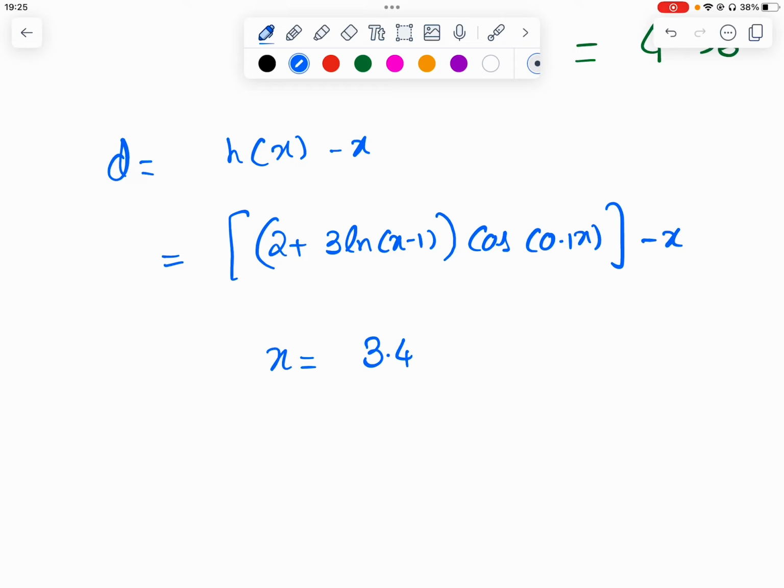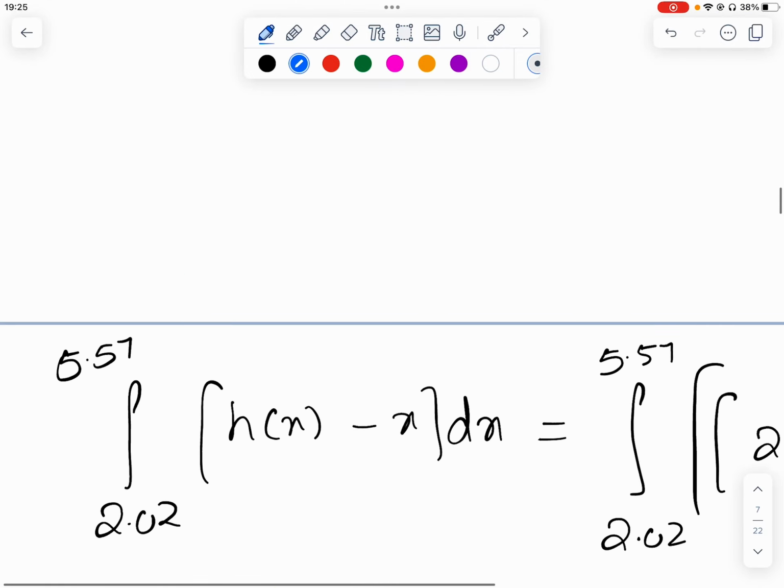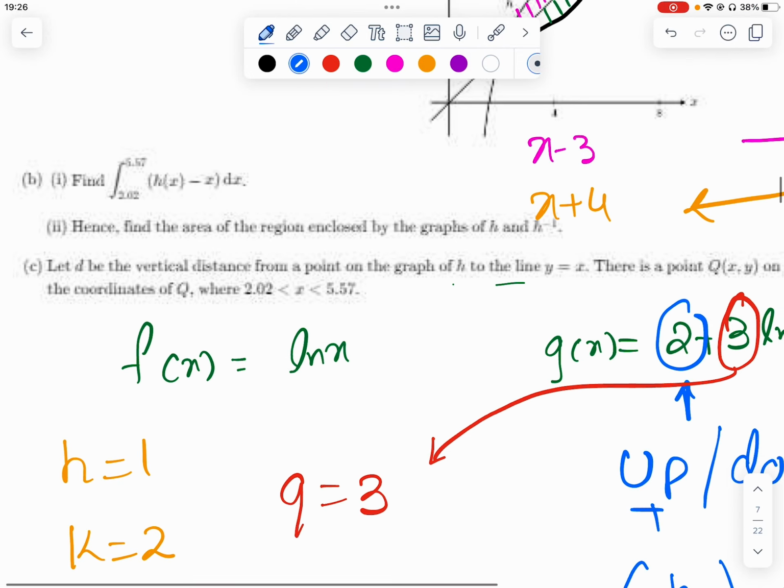What is this? 3.44. X value is going to be 3.44. So find h of 3.44. I'll be getting 4.40. So Q is 3.44 comma 4.40.